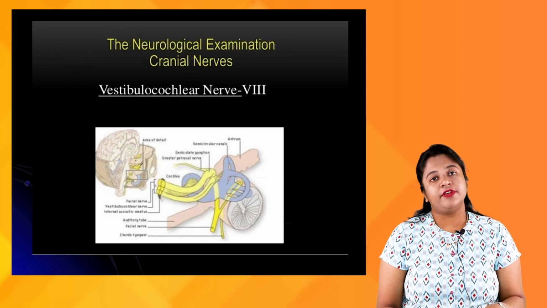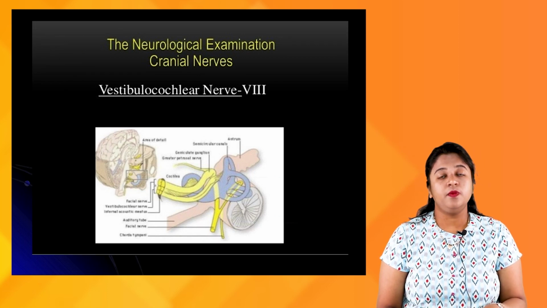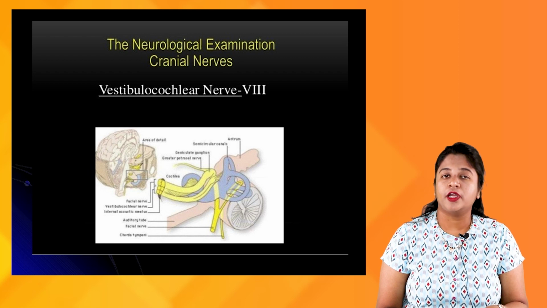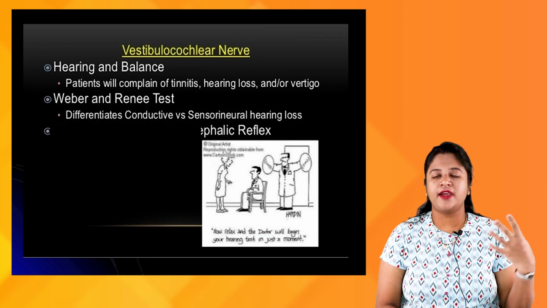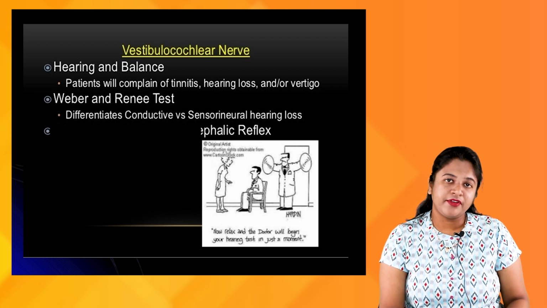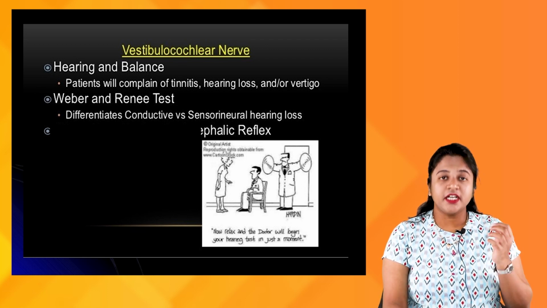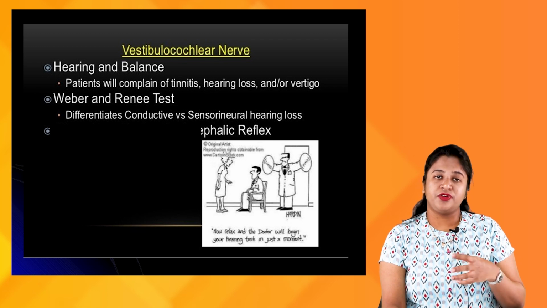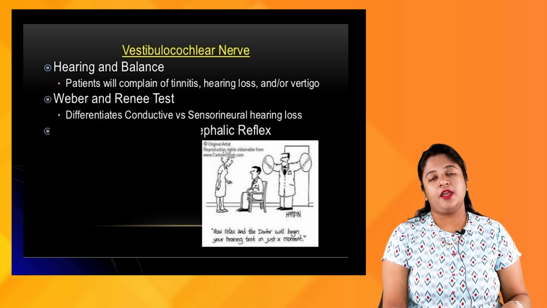The next cranial nerve assessment is the eighth cranial nerve, which is the vestibulocochlear nerve or the acoustic nerve. So here you're going to find out the ability of the patient to hear the sounds. So you're having a test called the hearing test, wherein you will be using a tuning fork for the assessment. So you have got the Rinne's test as well as the Weber's test.